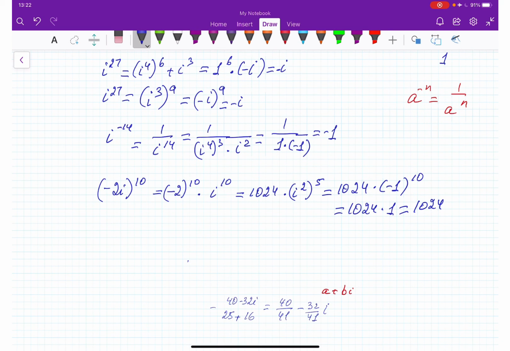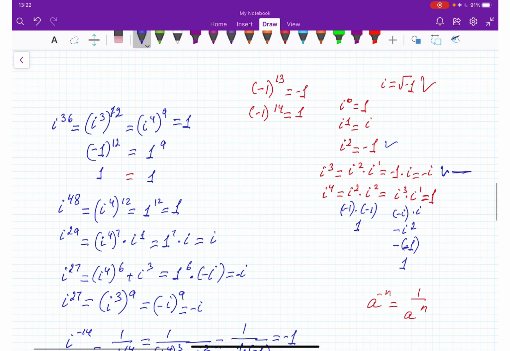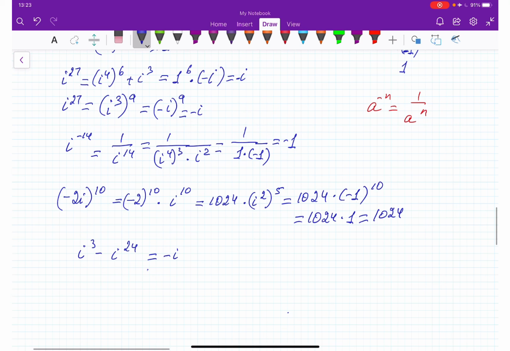Okay, next one, i to the power 3 minus i to the power 24. So i to the power 3, I'm going to write down, is equal to negative i. We already know this from the formula, right? And minus 24, the best way is i to the power 4 raised to the power 6.